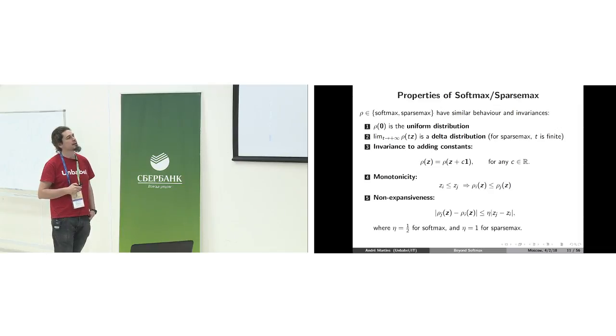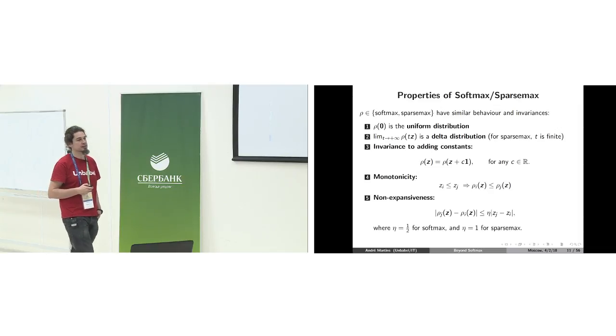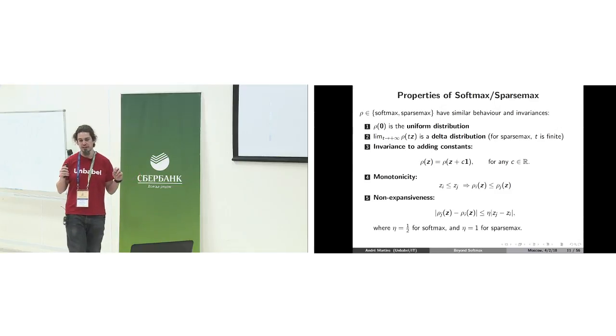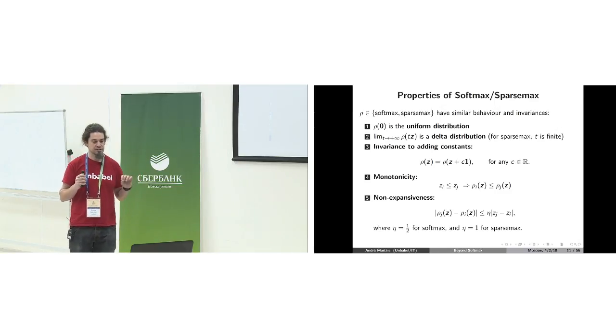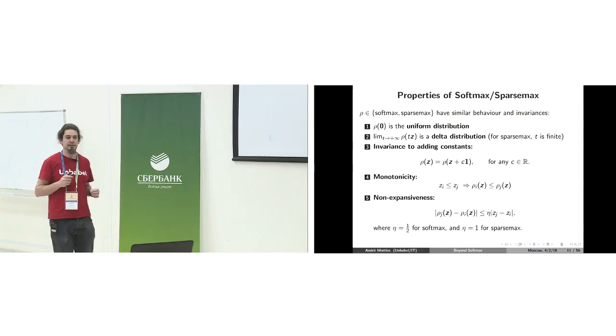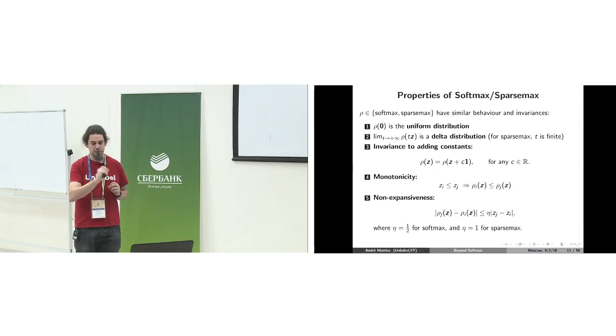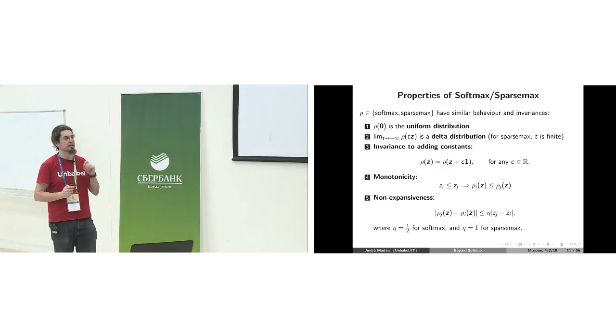The second property is also quite intuitive. In softmax, you can play with what is commonly called the temperature parameter, which can make the softmax transformation more saturated, more peaked around one point.